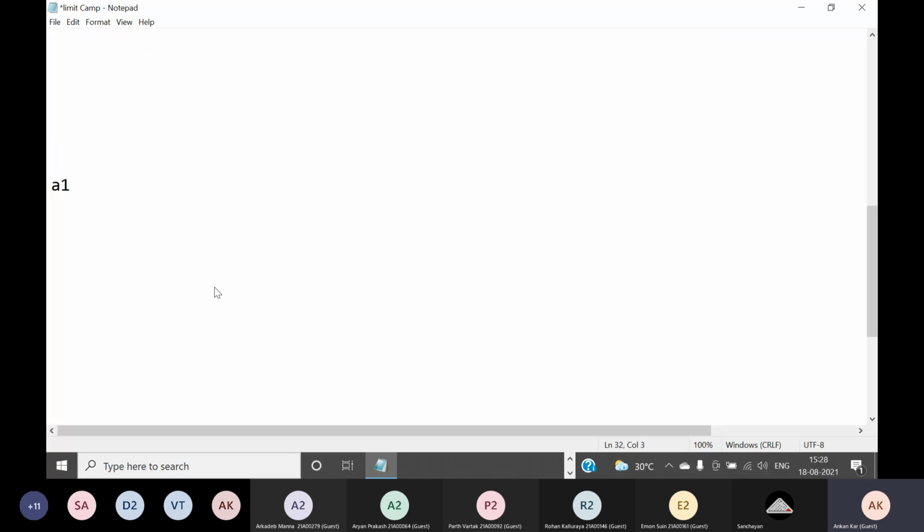You have a sequence. This one will be 1, 2, and 3, and n will be suffixes. Okay. There's a sequence like this, and n is greater than or equal to 3. Okay. And do you know the Manhattan distance?